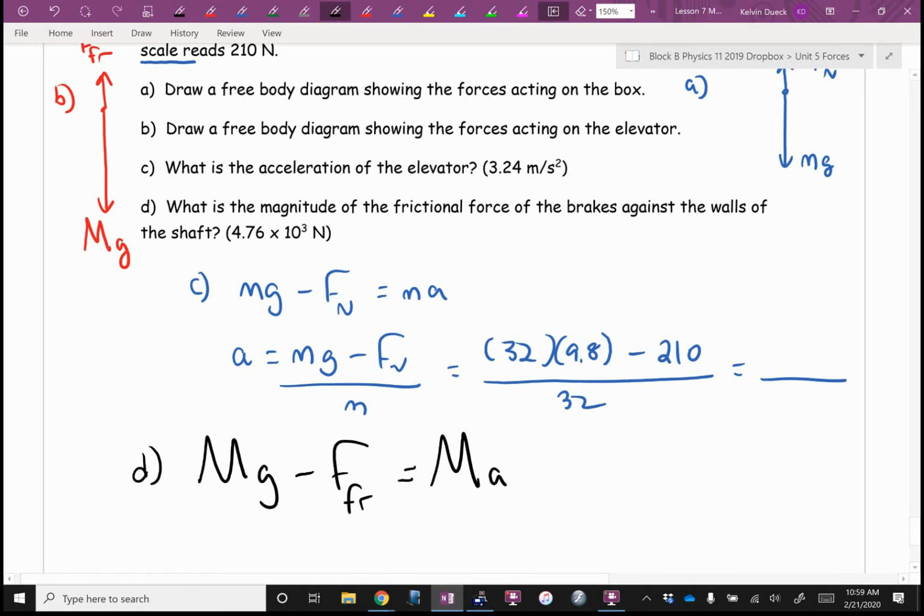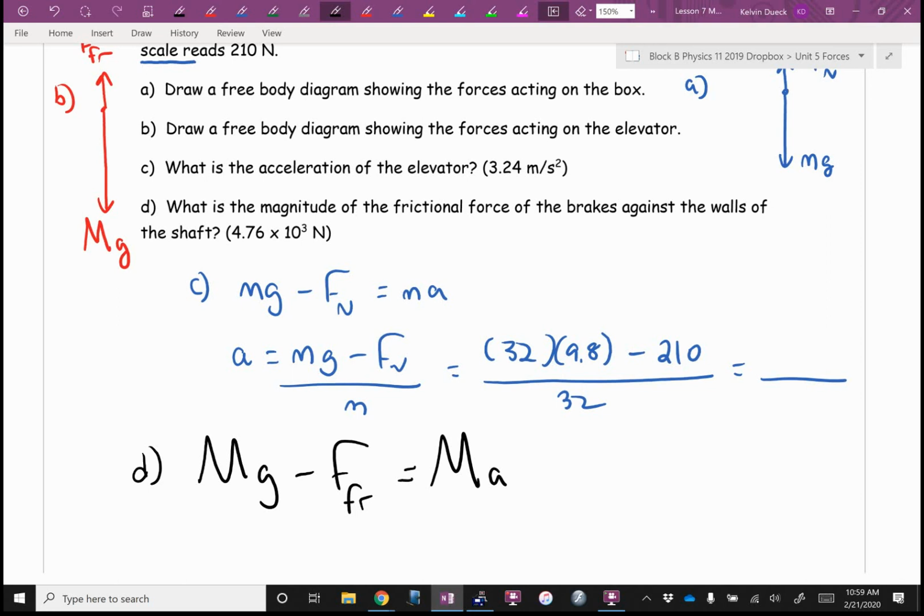I think that's all Physics 11, but it's seeing how everything fits together. That's what made this an old scholarship question, because kids wanted to try and find the acceleration of the elevator for part C. That's what it asked for, and you can't. But you can find the acceleration of something inside the elevator, which has got to be the same answer.